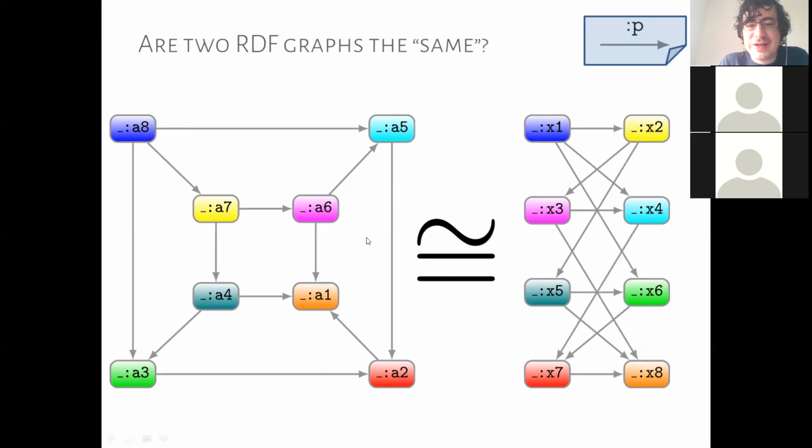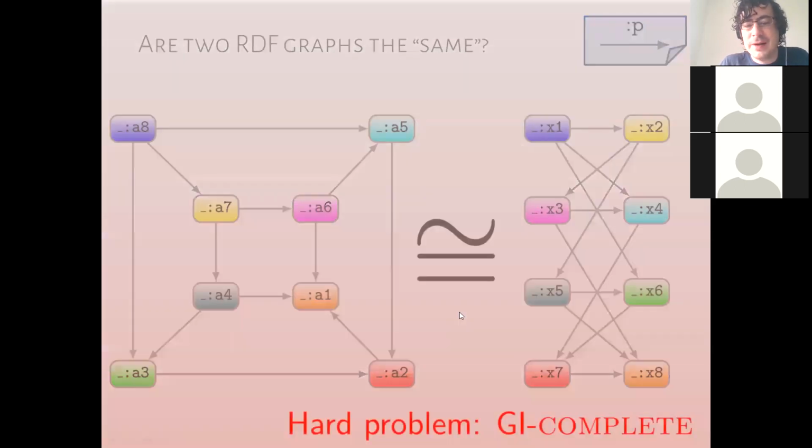In general, just to give a flavor, if we look at some examples, it looks easy, but this problem is actually hard. This problem is in a complexity class called GI-complete, which, if you know NP and P, is a rare kind of intermediate class. First of all, GI-complete means as hard as graph isomorphism.